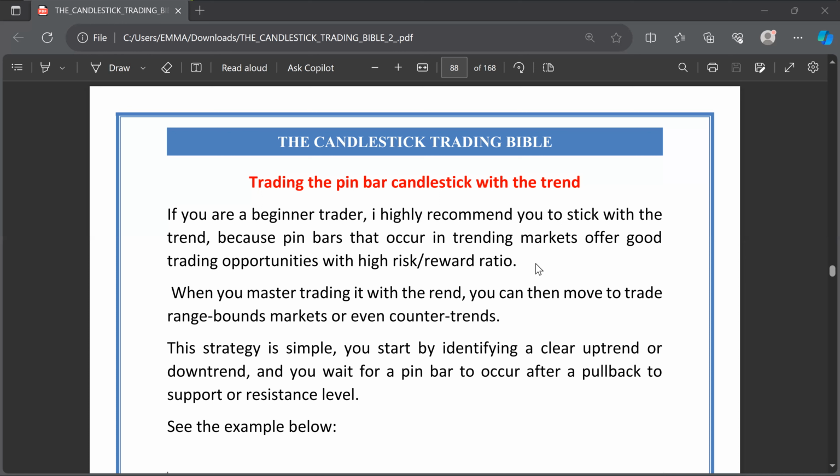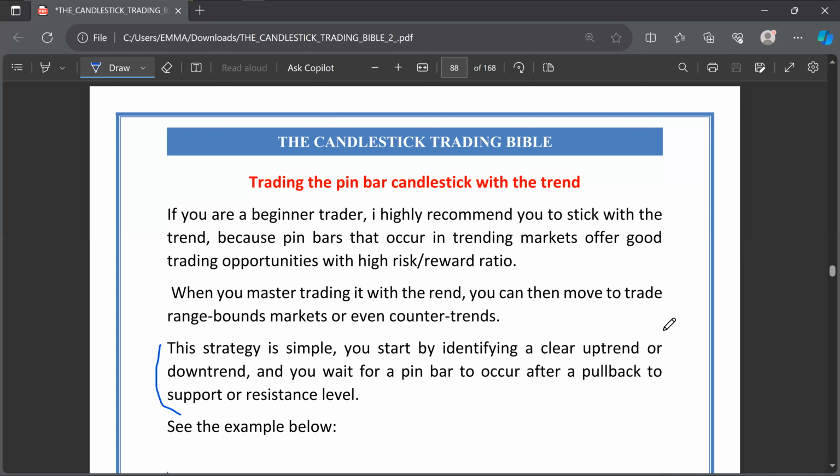This strategy is simple. You start by identifying a clear uptrend or downtrend, and you wait for a pin bar to occur after a pullback to a support or resistance level. So this is the main strategy here. It's as simple as ABC.